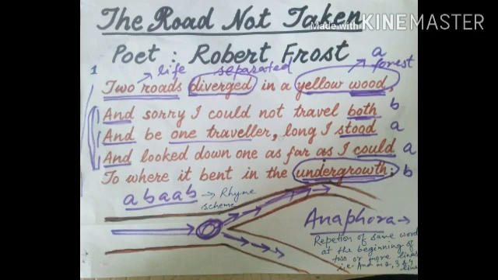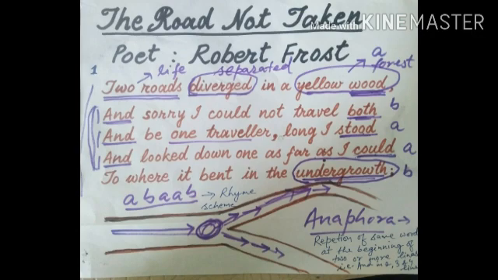In the third line, you can see stood, and fourth, could. So would, stood, and could, they rhyme the same. And in the second line, both, and the last line, undergrowth, they rhyme the same. So our rhyming scheme becomes A B A A B.